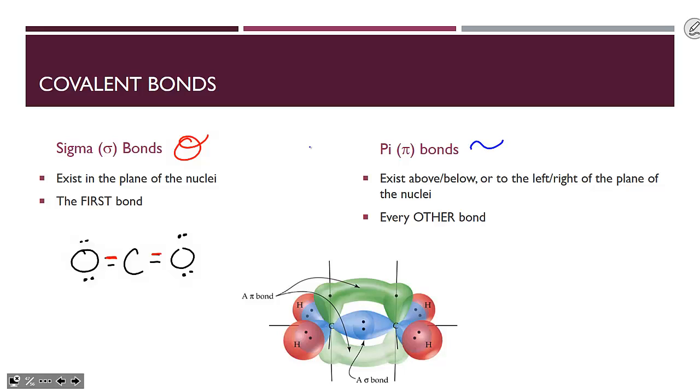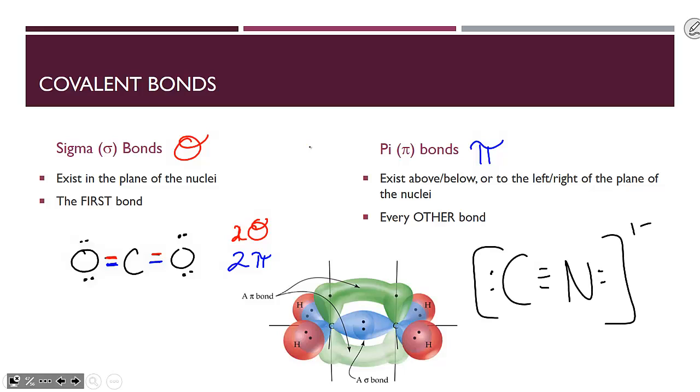Pi bonds are any bonds after the first, meaning in carbon dioxide, between carbon and each oxygen, there's a sigma and 1 pi. So in carbon dioxide, there are 2 pi's and 2 sigmas. When we did the Lewis structure for cyanide, the first connection we drew between the two was a sigma bond. However, any connection after that, this triple bond contains 2 pi bonds.